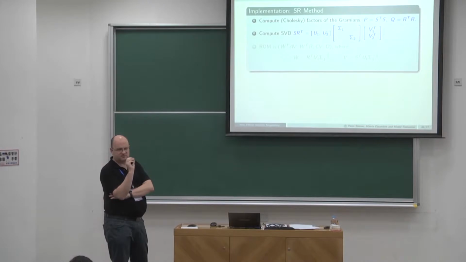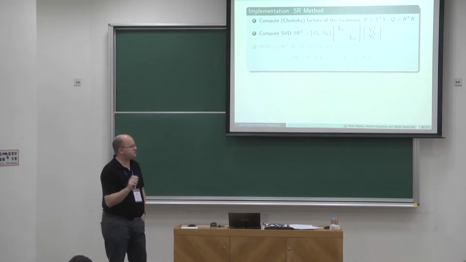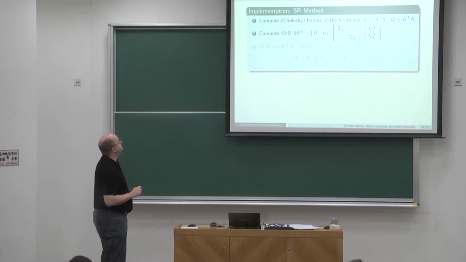So the algorithms that we will develop for solving Lyapunov equations, for computing the gradients, they will essentially not give you P and Q explicitly. They will only give you S and R. And usually not the Cholesky factors, but something else.